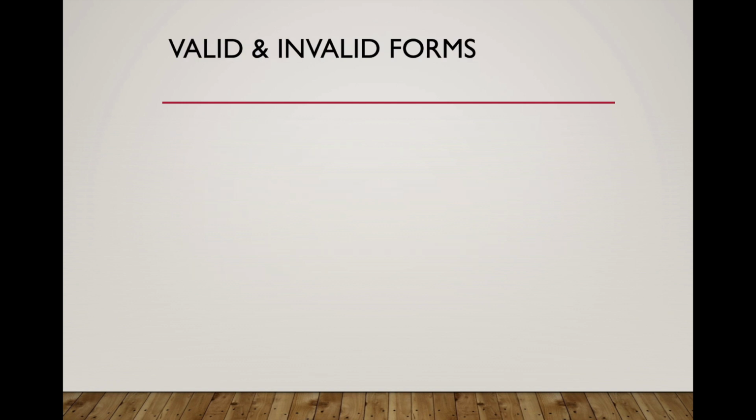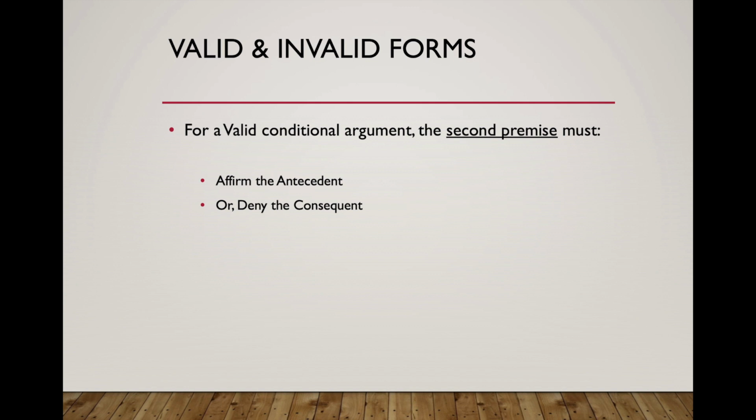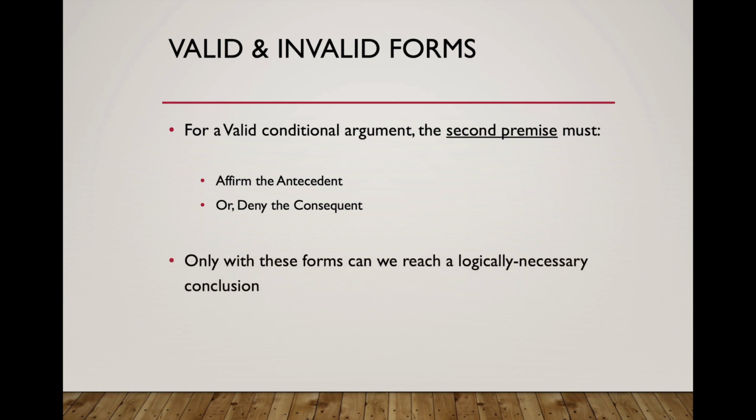So this gives us 4 possible options, 2 of which are valid and 2 of which are invalid forms. For a valid conditional argument, the second premise must either affirm the antecedent or deny the consequent. Only with these forms can we reach logically necessary conclusions. So if you look at the overall argument, you'll see the second premise, and you want to ask, what does the second premise do in relation to the first premise?